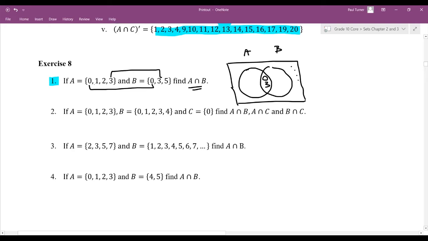And that means there must be 1 and 2 here that are not in B, but they're in A. So A is 0, 1, 2, 3, and B is 0, 3, 5. And there's no numbers outside because we don't have a universe. So A intersect B would be the numbers 0 and 3.